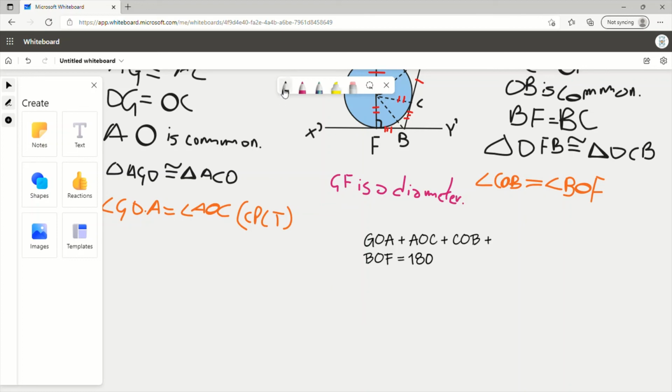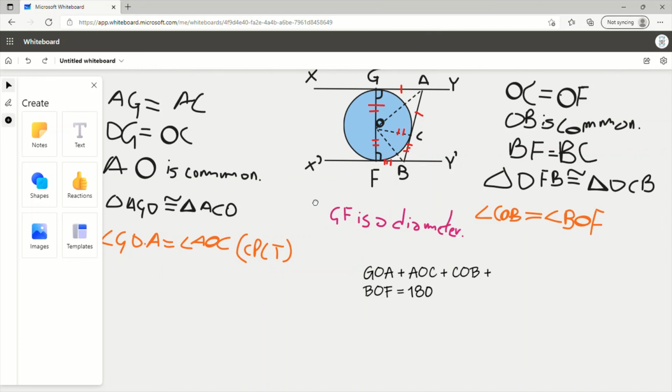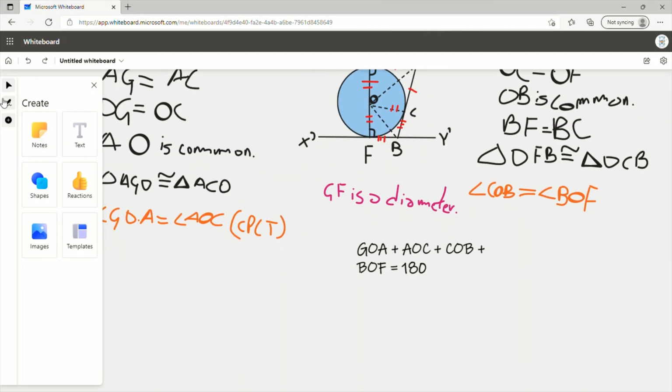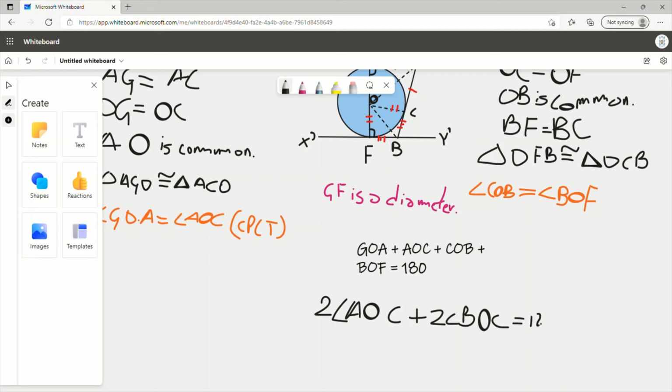So then we'll get something like, just write the rest down. 2 angle AOC plus 2 angle BOC is equal to 180 degrees.